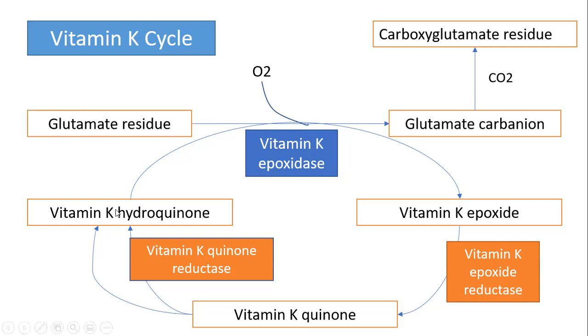So this slide just tells us or shows us the importance of your vitamin K and its cycling. So as you can see here, no, glutamate residue here is present in the vitamin K dependent clotting factor. You have your 9, 10, 7, and 8. Okay? For this glutamate residue to be converted into carboxyglutamate, di ba yung carboxyglutamate, sila yung may dalawang COO negatively charged, no?